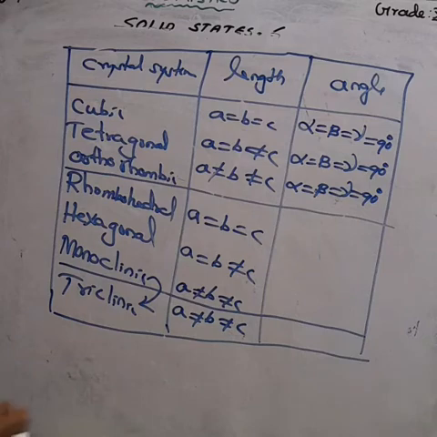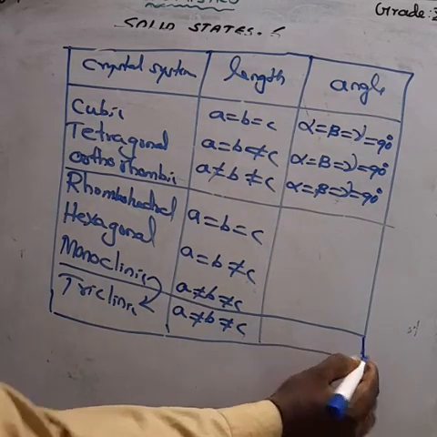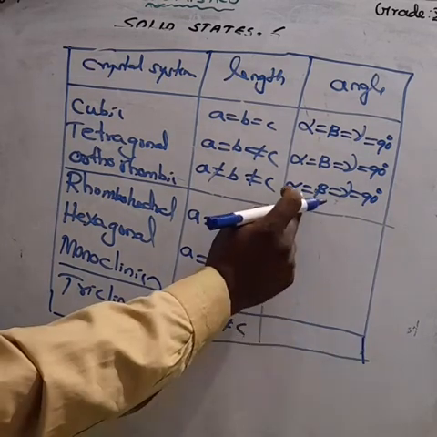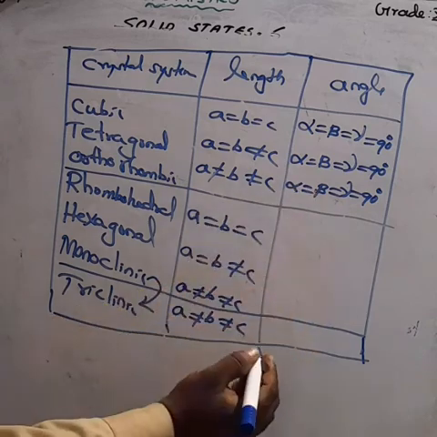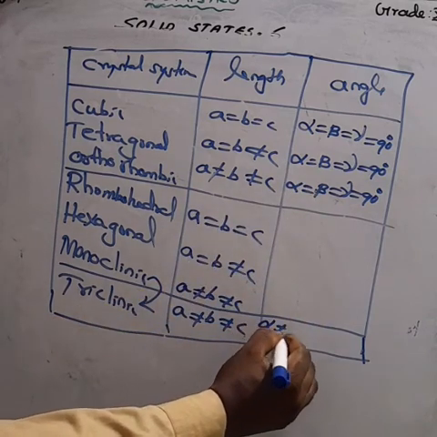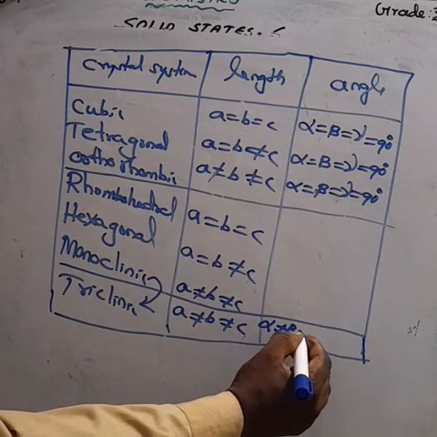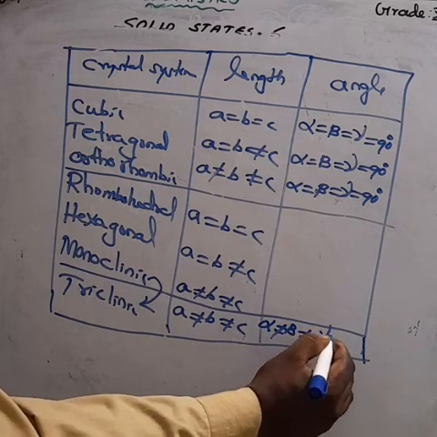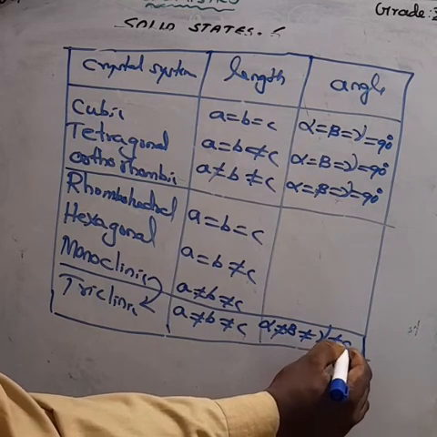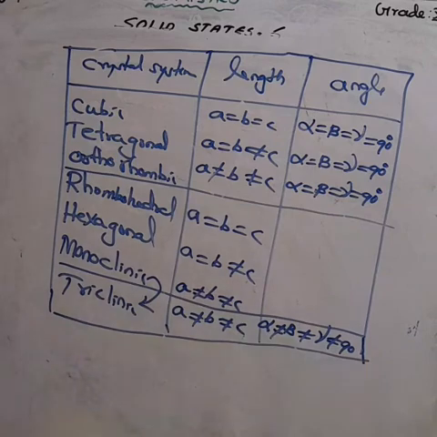After writing the first three, go to the last one, the seventh, and write the opposite: alpha is not equal to beta, beta is not equal to gamma, gamma is not equal to 90 degrees.